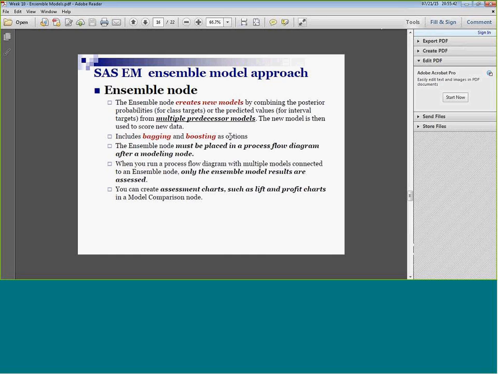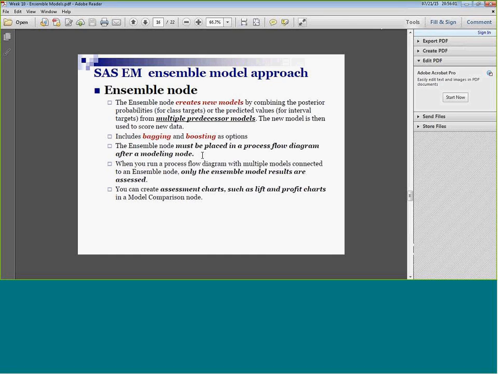You can include bagging and boosting as options. Now, here's one key. The ensemble node, if you're going to put that in your diagram, has to come after a model node in a process flow diagram, because it doesn't go through and build a new regression model or a neural network model or a decision tree model.